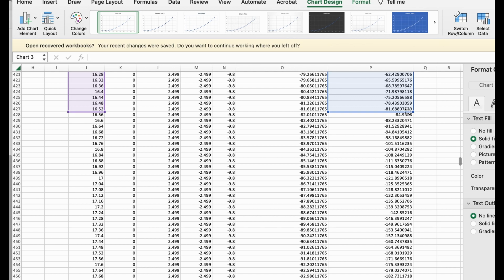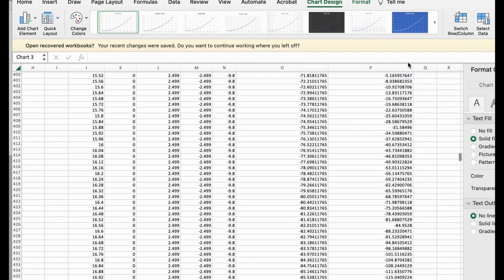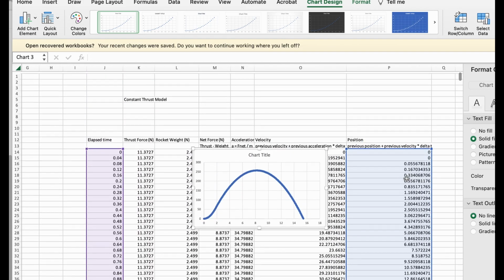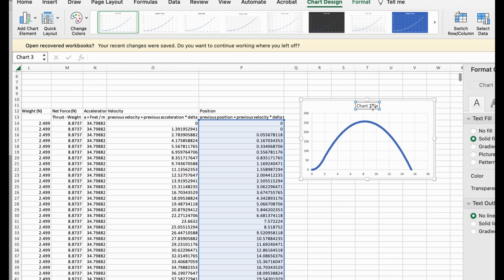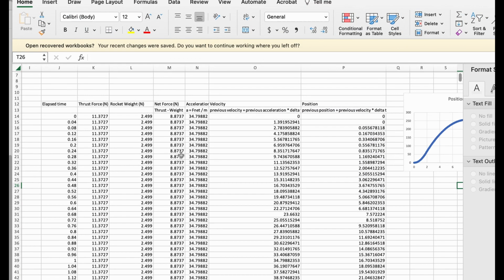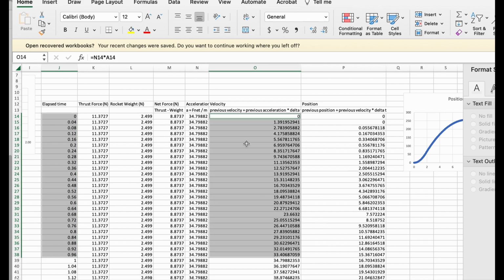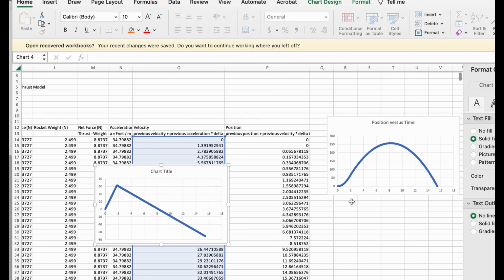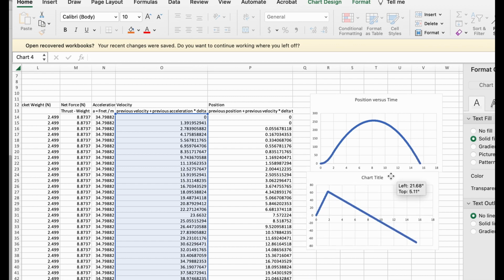Let that position come back to 0. All right, we can call it position versus time. Okay, then we just got to do it again. Let's do velocity versus time. And I'm just holding command while I select on Mac. Insert scatter plot. Okay, beautiful graph.